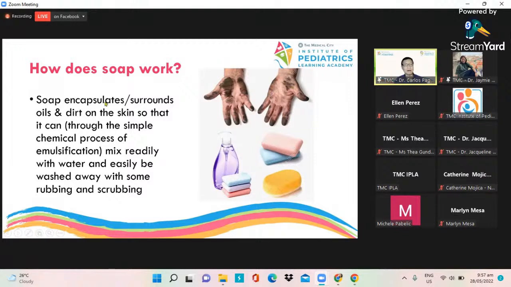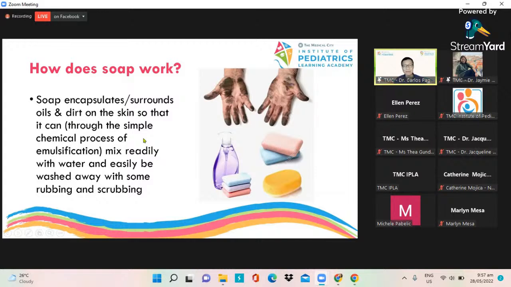And you can read here now that the soap actually encapsulates or surrounds the oil and the dirt on the skin, so that through the process of emulsification, magmi-mix po yan readily with water, natutunaw in other words. Yung langis at yung dumi na kasama sa balat kapag hinuluan ng soap at tubig, matutunaw po yan and it's so much easier to wash it away with rubbing and scrubbing.